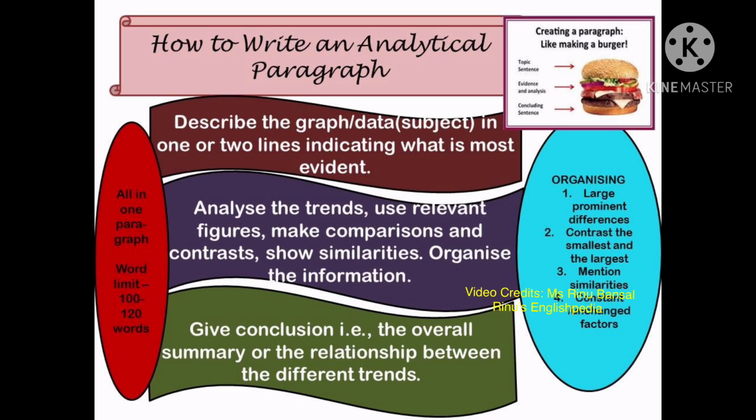After that, we have to analyze the trends, we have to use relevant figures, make comparisons and contrasts, and also show similarities. We have to organize the information. At the end, we are supposed to give a conclusion, that is, the overall summary or the relationship between the different trends.